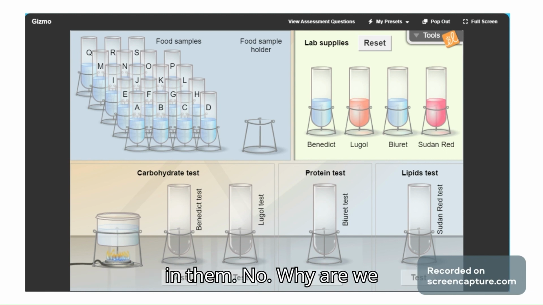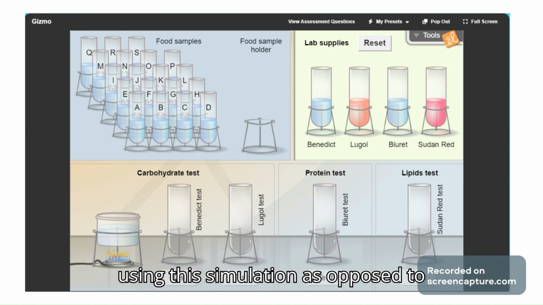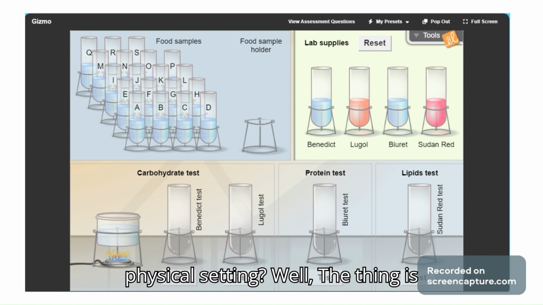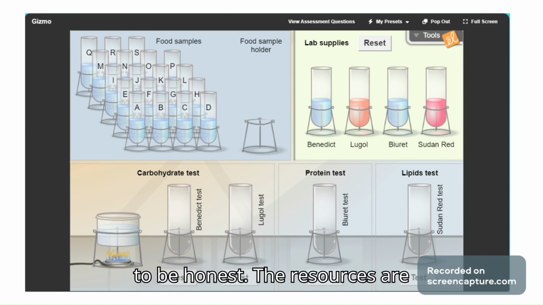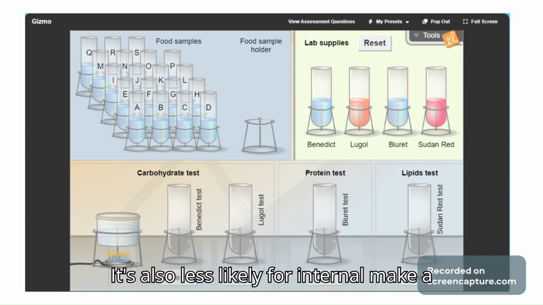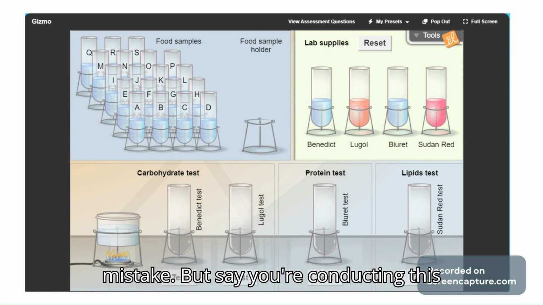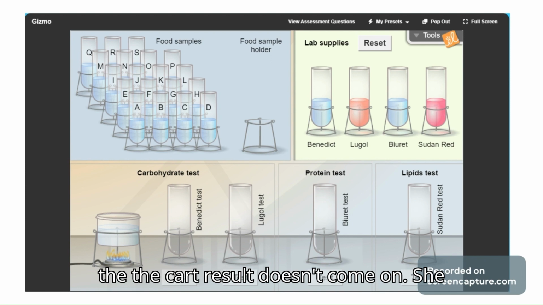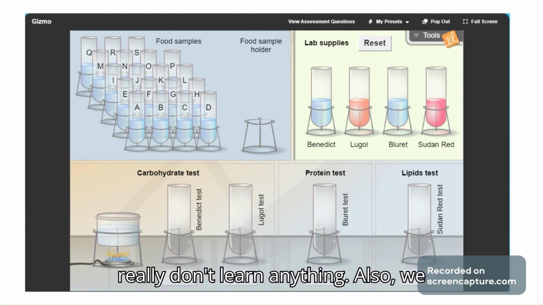Now, why are we using this simulation as opposed to really just doing it among us here in our physical setting? Well, to be honest, the resources are limited, and it's also less likely for you to make a mistake. Let's say you're conducting this test on your own. You make a mistake, the correct result doesn't come out, you really don't learn anything.